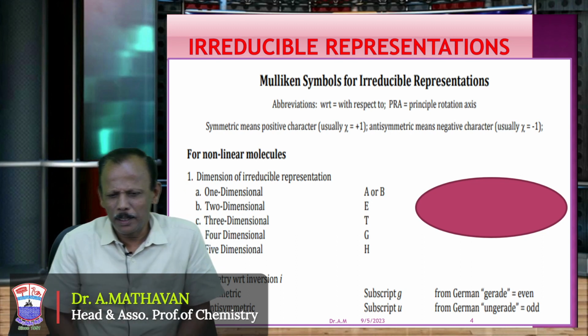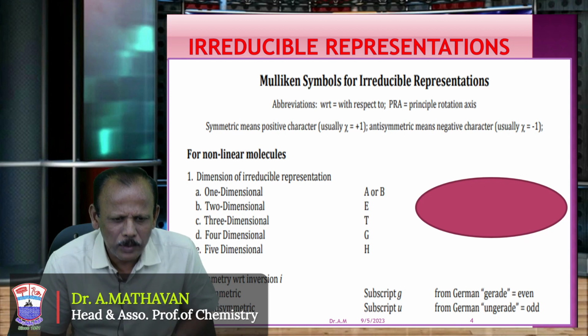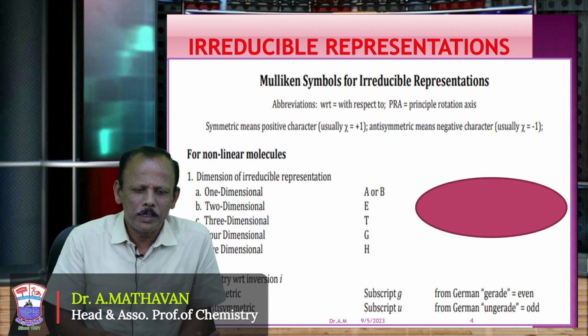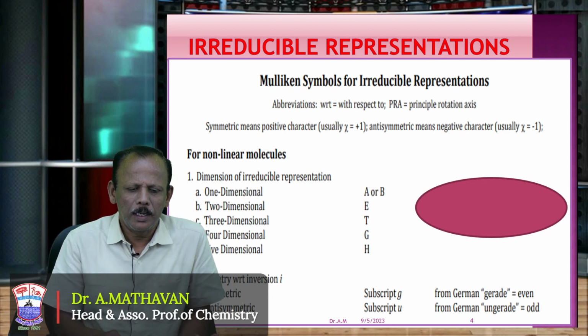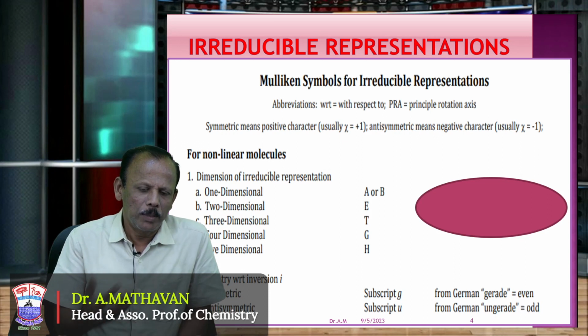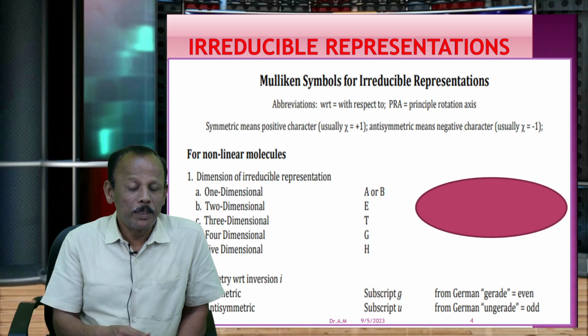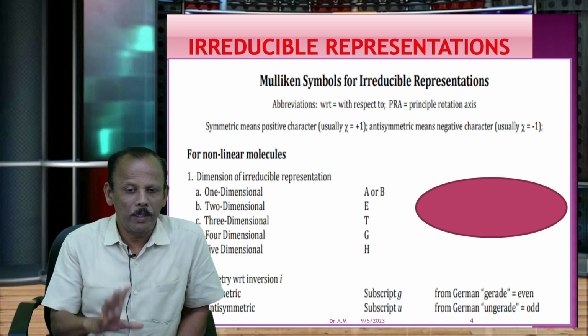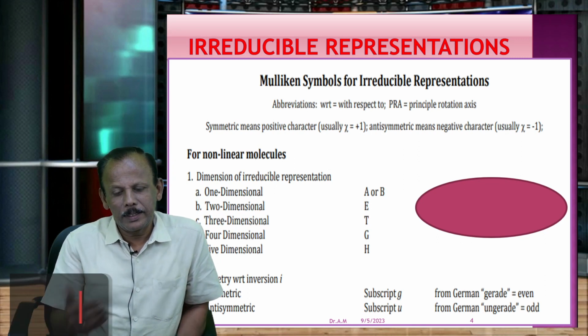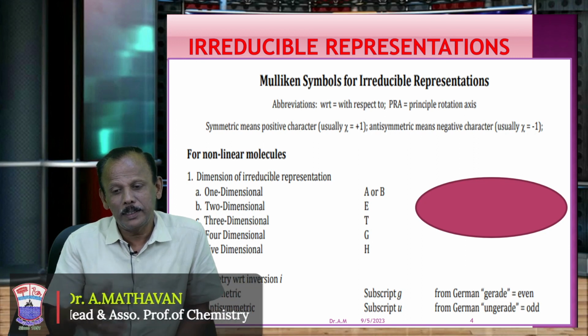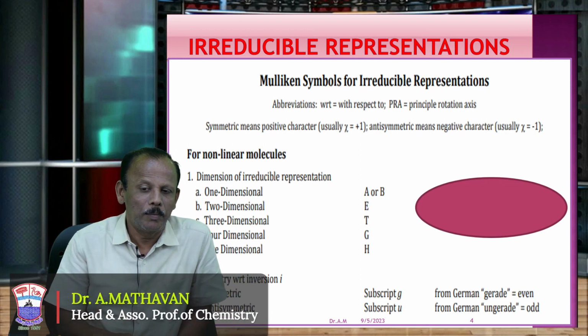On the basis of the character, whether it is 1-dimensional, 2-dimensional or 3-dimensional, and depending upon whether the character is +1 or -1: if the character is positive, it is called symmetric with respect to a particular symmetry operation. Suppose the character is negative, that is -1, it is antisymmetric with respect to the symmetry operation.